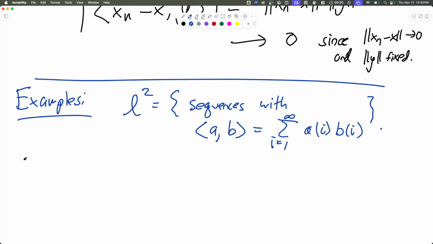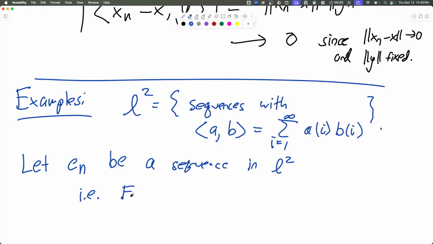I'm going to make a sequence. Again, don't get confused: the space is sequences, so I'm now going to have a sequence of sequences. I'm going to make a sequence called En. Let En be a sequence in L2, i.e. each En is a sequence.